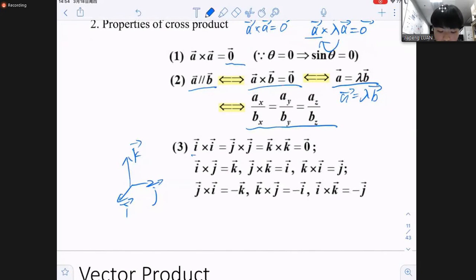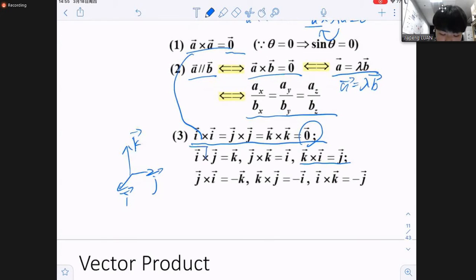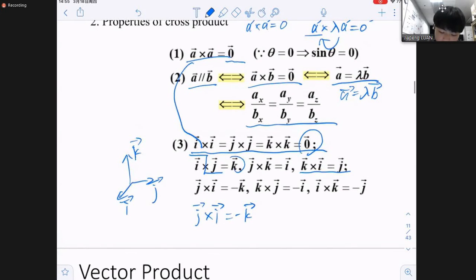So this is easy to understand: i cross i is 0. And then i cross j gives you k, j cross k gives you i, and k cross i gives you j. Yes. And also, if you turn them, like j cross i, this is actually minus k. So you can see that A cross B equals minus B cross A, right?